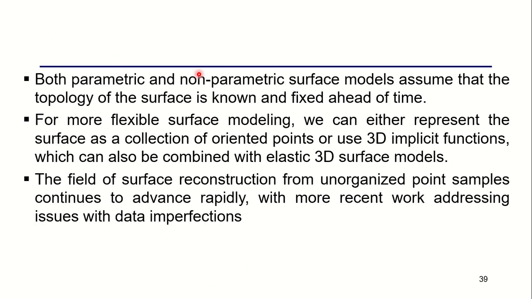Both the parametric and non-parametric surface models assume that the topology of the surface is known and is fixed ahead of time. For more flexible surface modeling, we can either represent the surface as a collection of oriented points or use 3D implicit functions, which can also be combined with elastic 3D surface models.